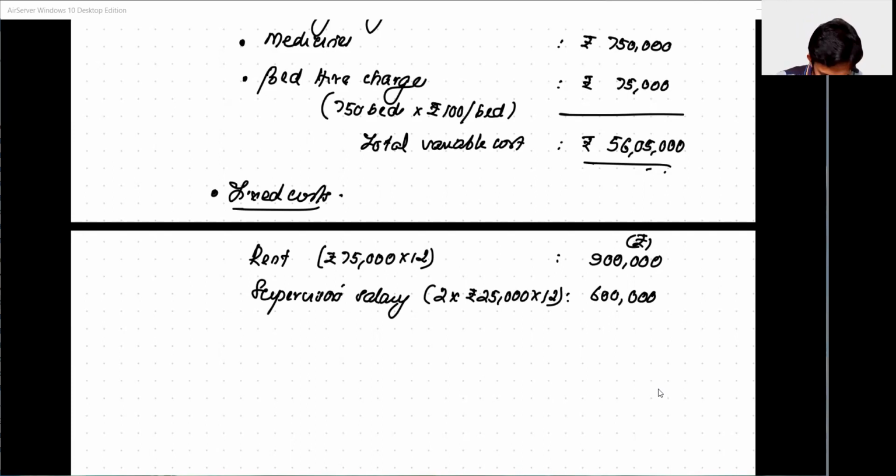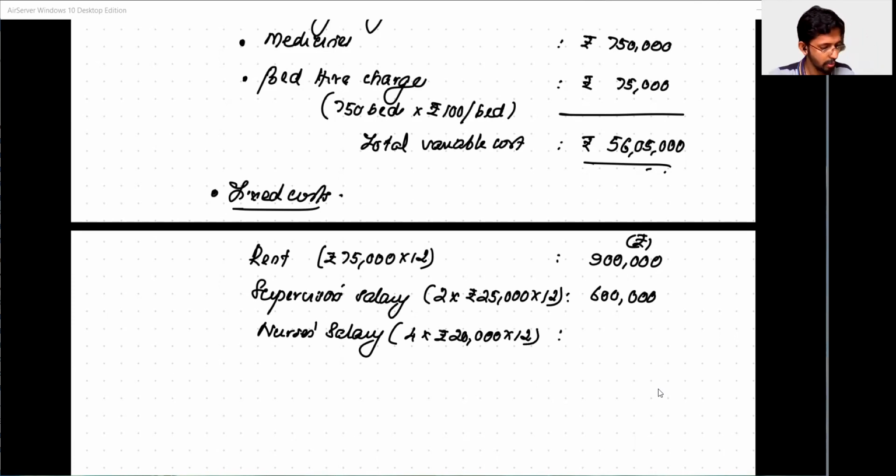Then salary to nurses. How many nurses? 4 nurses. Each nurse is getting 20,000. Like that you have 12 months. So 20,000 into 12 into 4, that is 9,60,000. Then what next?